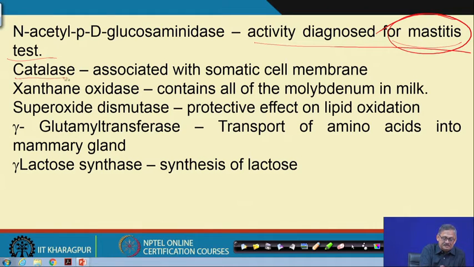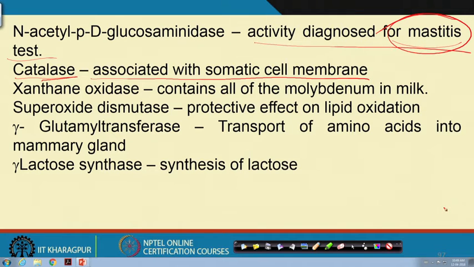Then catalase, another enzyme which is associated with somatic cell membrane. Somatic cell we have already said. This is associated with catalase, which we have said earlier is an oxidative enzyme.